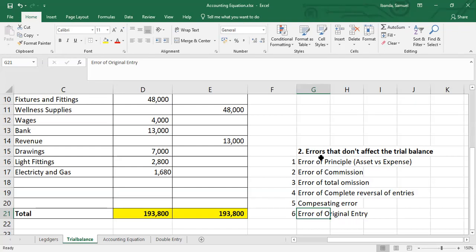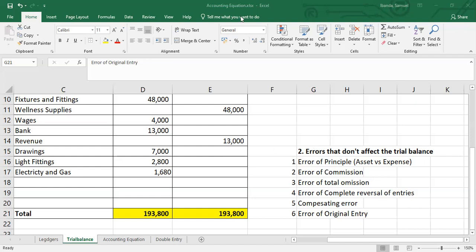If you've been following these classes very well, we went through the accounting process, and we said that we start from the source documents. These feed into the books of original entry, or what we call the books of prime entry.